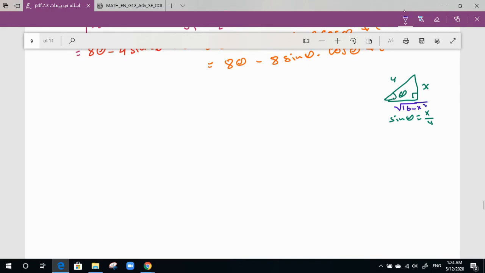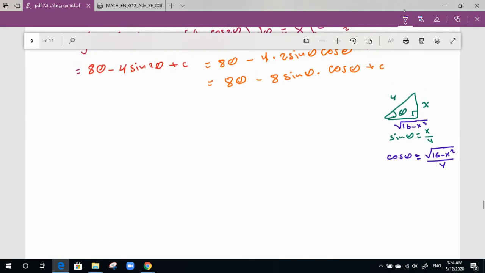From this triangle, now I can find cosine theta. Cosine theta is the adjacent, radical 16 minus x squared, over the hypotenuse, which is 4. Now I will go back to my answer.